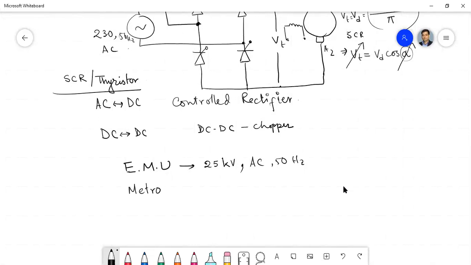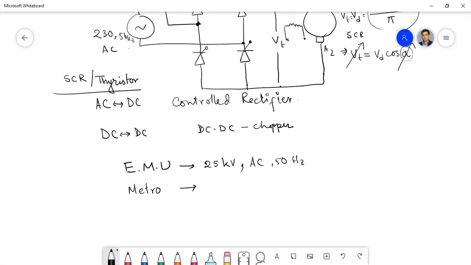Now another application is very common, that is the metro. Do you know what voltage level is used? Do you know how the power is provided for the metro railways? How is the power getting transmitted? Sir, there is a third line.